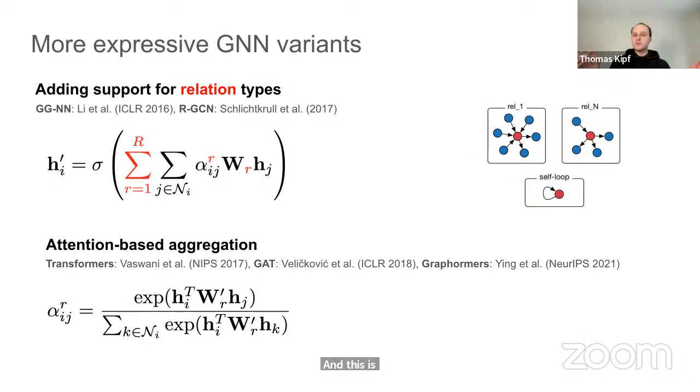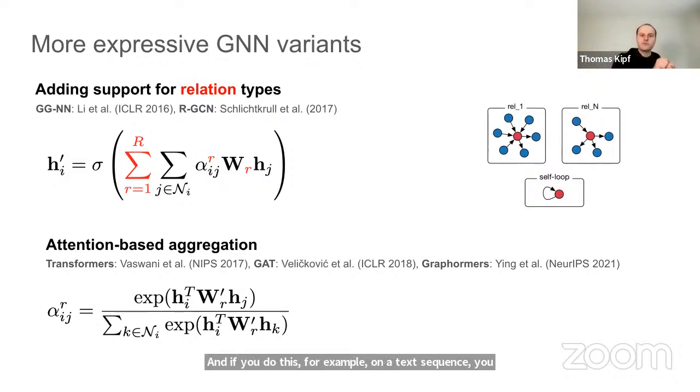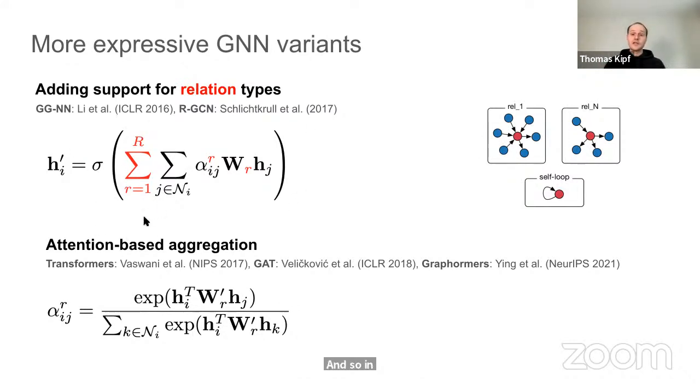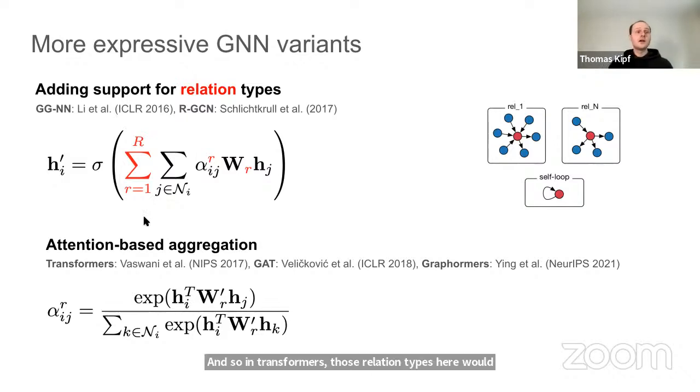And if you do this, for example, on a text sequence, you can learn the importance of, say, word pairs, and then information gets routed that way. And that effectively gives you the basis of the transformer architecture. And so in transformers, those relation types here would be called heads or attention heads. So they can be viewed in the same way as relation types in graphs.